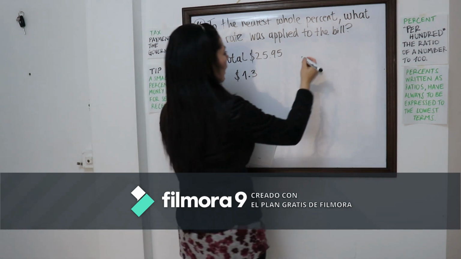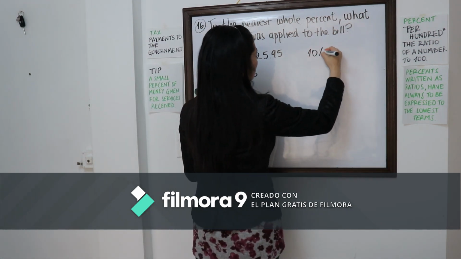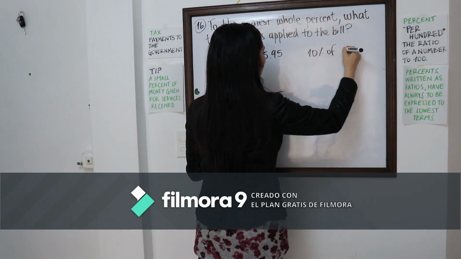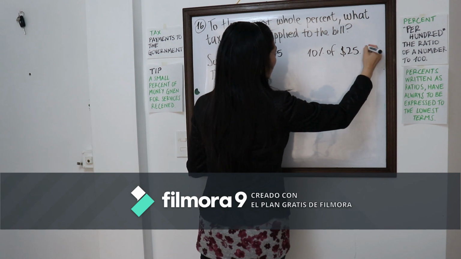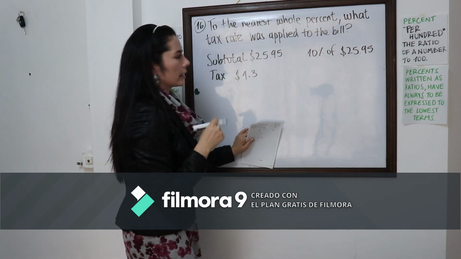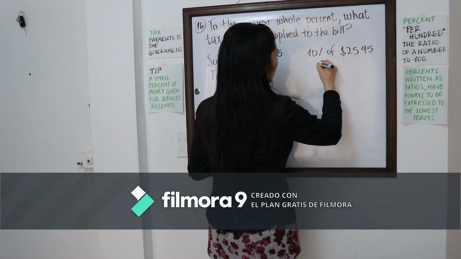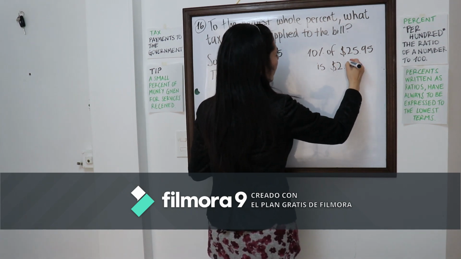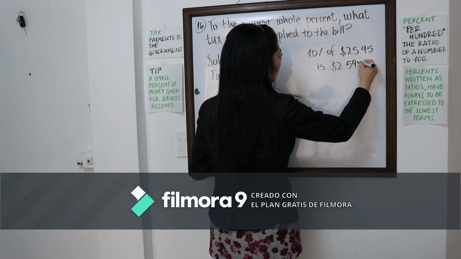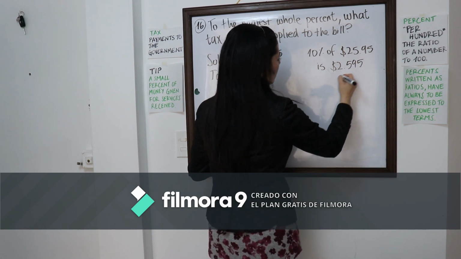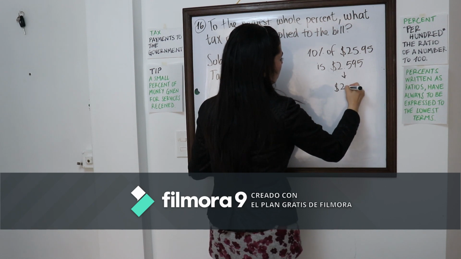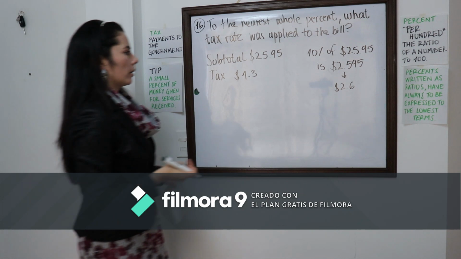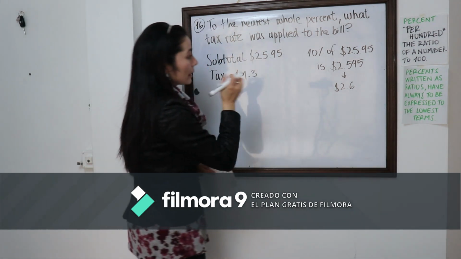How about this? We know 10% of 25.95 is actually 2.595, which actually makes it 2.6, right? We can round it to 2.6 dollars pretty easy. Now that is 10%.